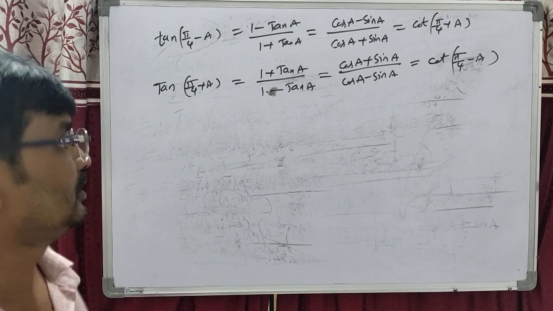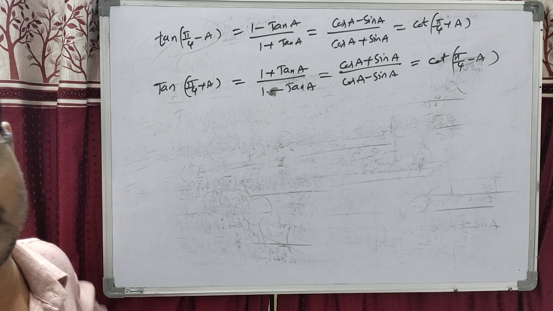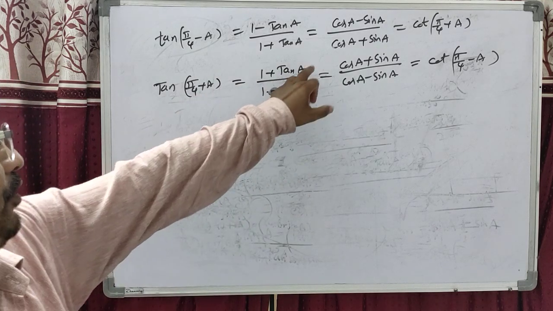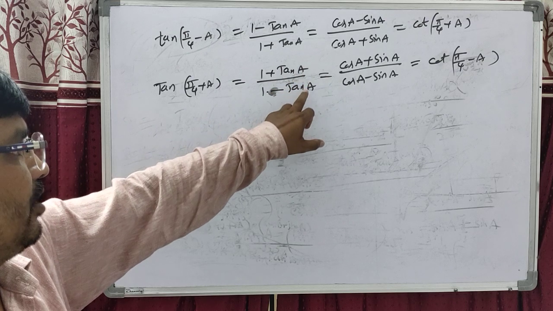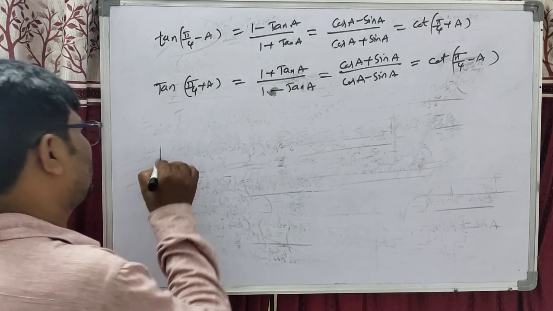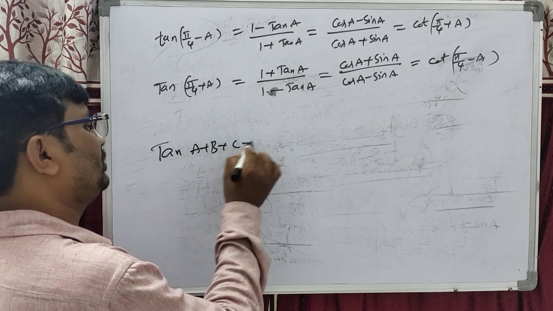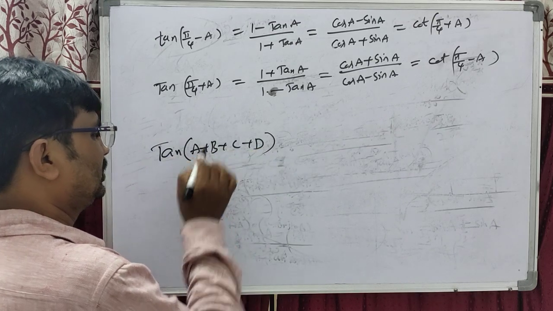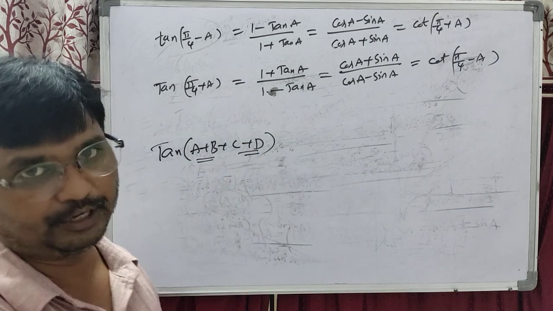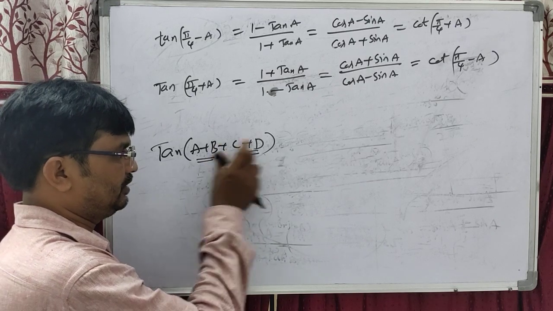My dear students, similarly we can prove the tan of (pi by 4 plus a). Okay students, this is the tan of (a plus b). Then tan a is sin a by cos a. Now consider tan of (a plus b plus c plus d). We take a and b first, then c and d.